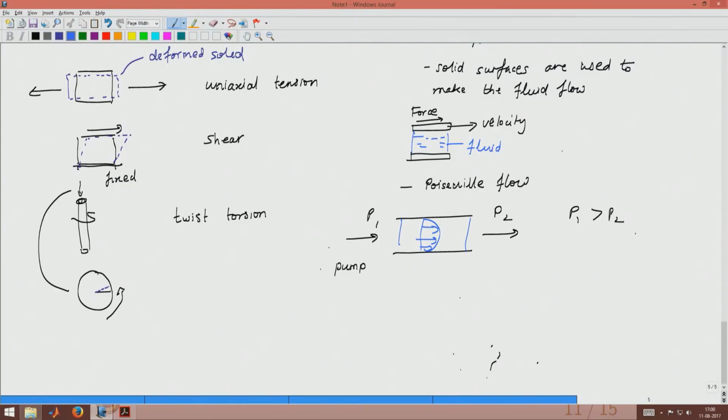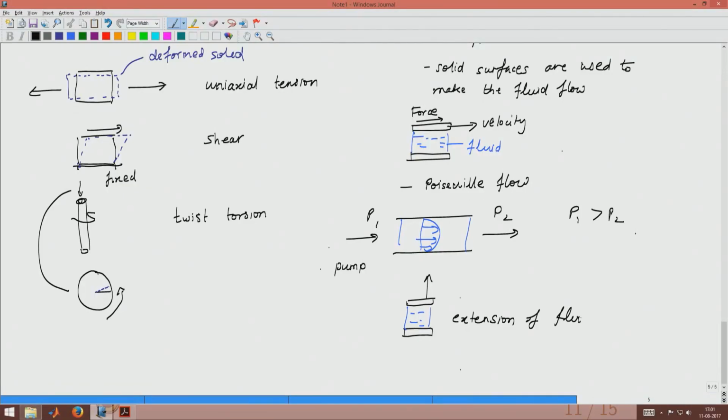In both of these cases the fluid is getting deformed. The other example that we saw when we were discussing unusual flow phenomena was that I can take the fluid between two plates and move the top plate with a certain velocity, and then again I will have extension of the fluid element.